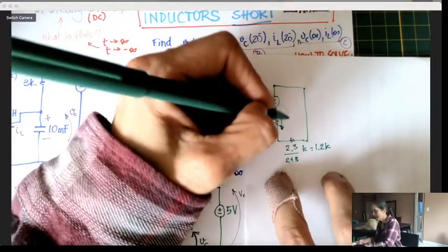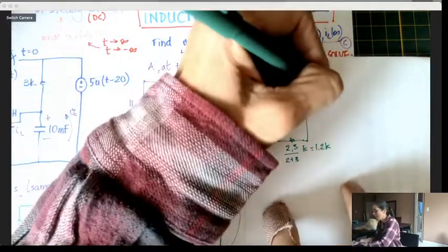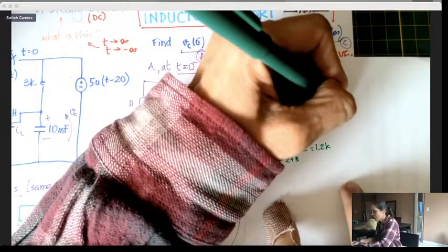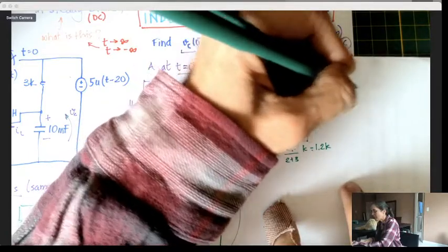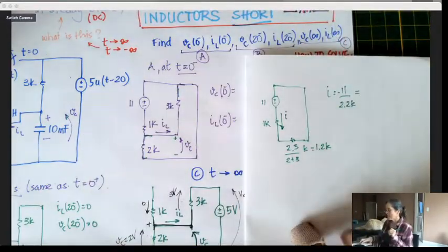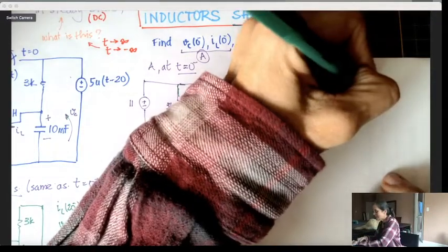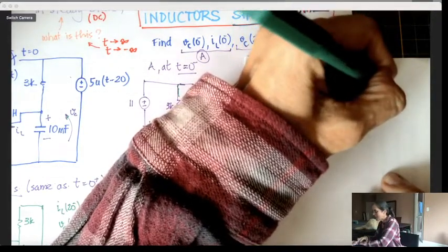But this I will be 11 divided by 2.2K. Actually, it's going to be minus, but that's okay. And so 11 divided by 2.2 is 5. And this means minus 5 milliamps.